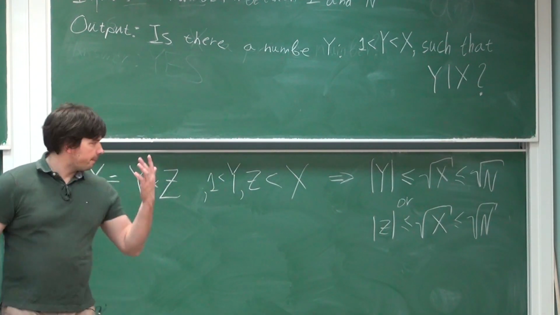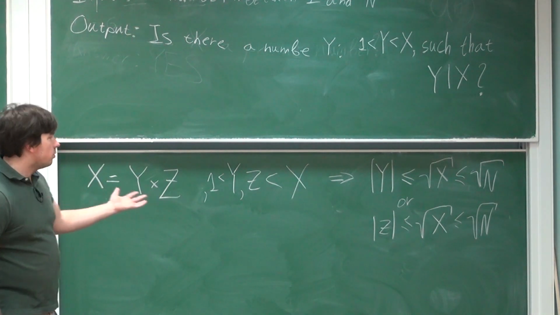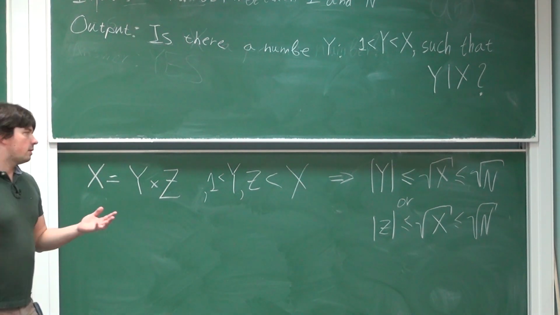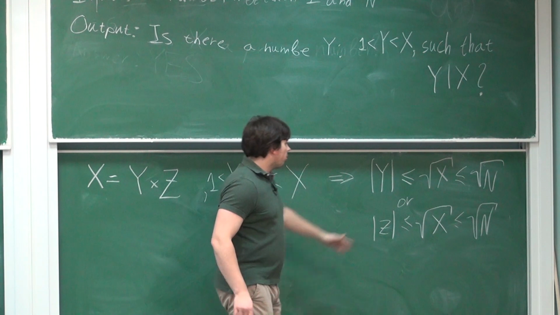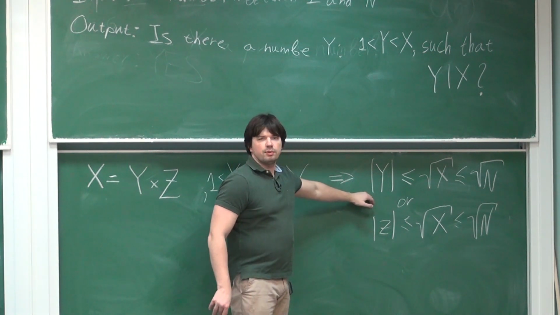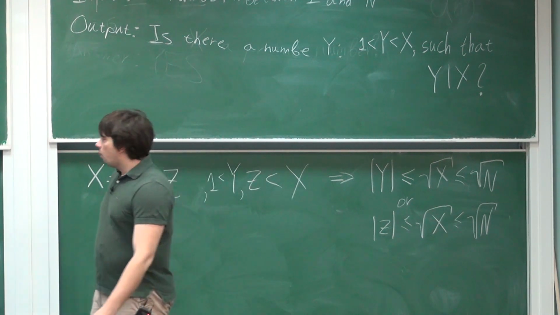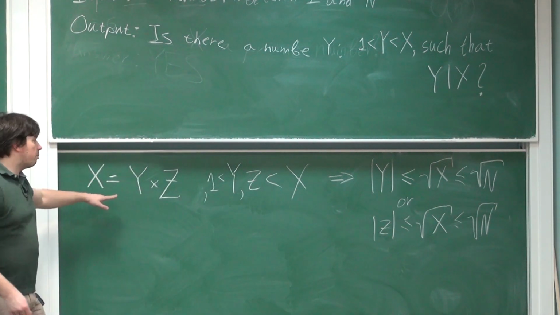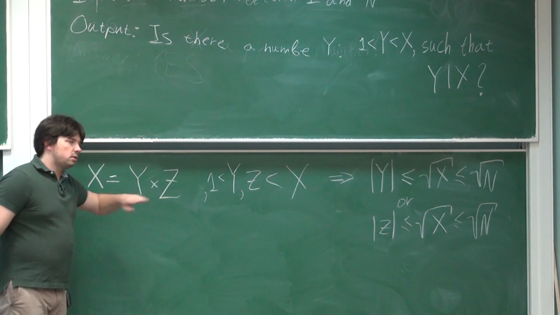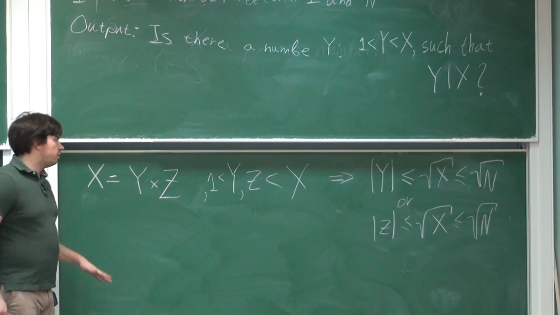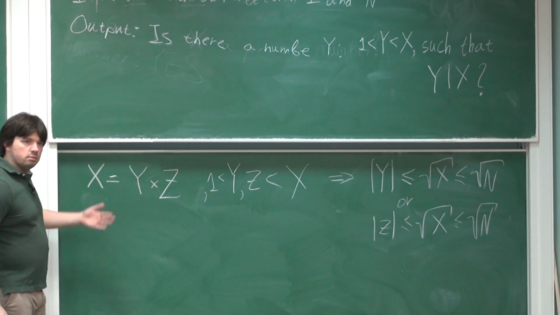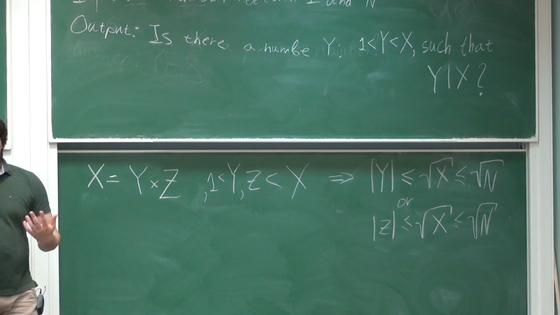Why is that? Well, suppose that is not true. Suppose both y is more than the square root of n and z is more than the square root of n. Well, then their product is more than n, which means it cannot be x. That's a pretty straightforward explanation.